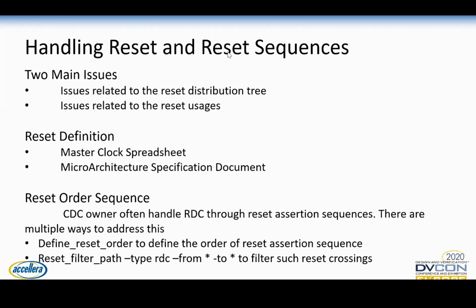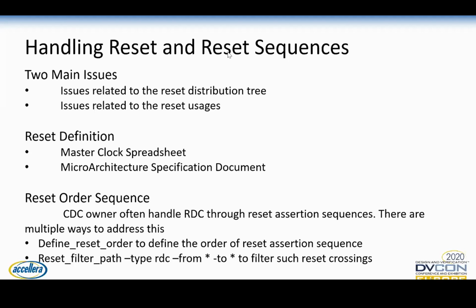And then we have a micro architectural specification document, wherein we define all the reset sequences, right? Reset ordering, how the assertion and deassertion sequences are actually defined in the architecture. Once we have this information, it is a very easy task for the CDC owner to develop constraints out of these MCSS, which is the master clock spreadsheet, and the MAS, which is the micro architectural specification document.